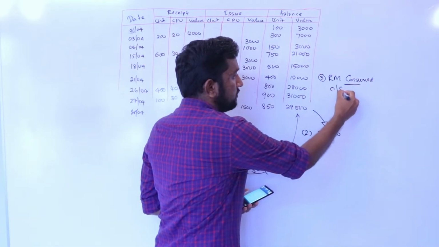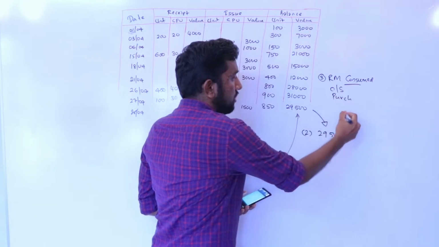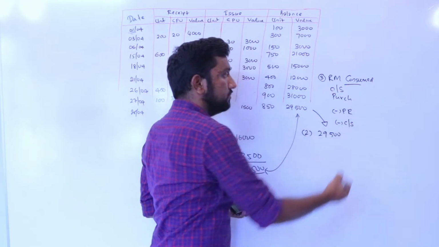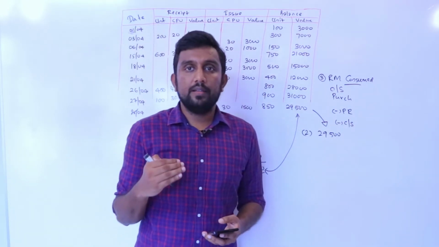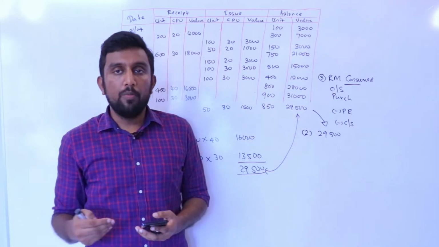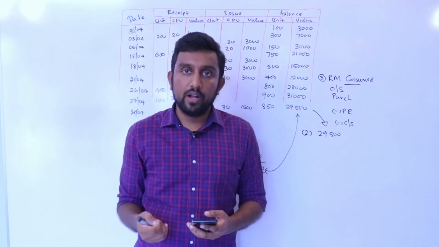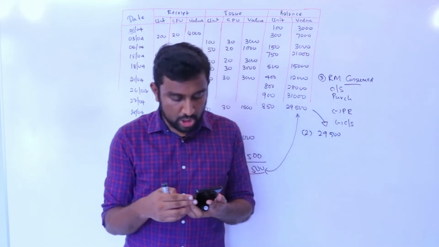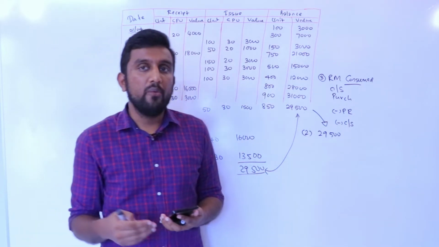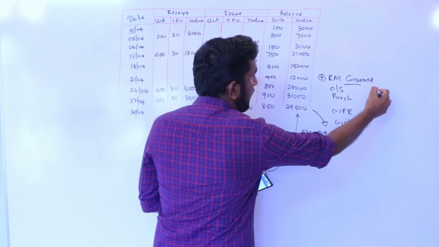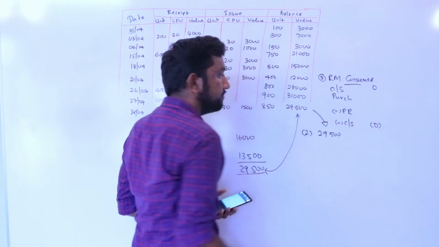Opening stock, purchase, return, and closing stock. So that is a basic way of finding raw material consumed. So opening stock and closing stock from where? From the manufacturing department. In this question, they didn't mention anything about the stock available at the manufacturing department. Therefore, I put opening stock and closing stock as 0.